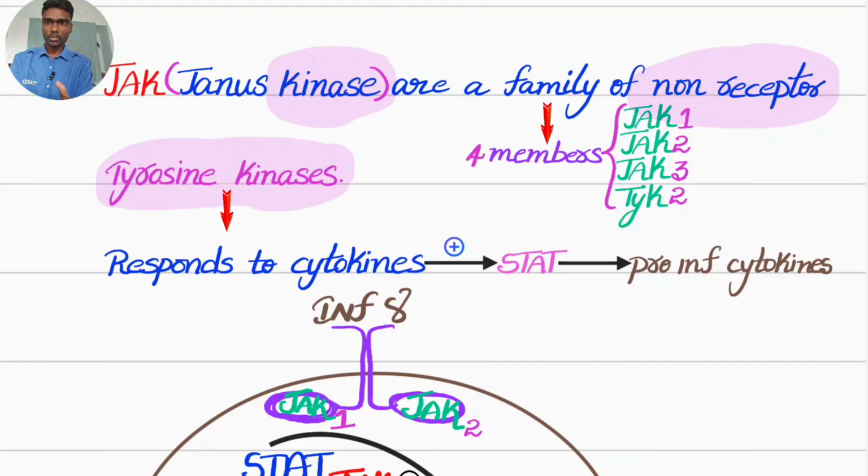Receptor tyrosine kinases have intrinsic kinase activity and receptor activity also. What kind of receptor it is? It is receptor for growth factors. What and all growth factors we know, we'll revise. Epidermal growth factor, fibroblast growth factor, platelet derived growth factor, vascular endothelial growth factor, stem cell factor, nothing but c-KIT.